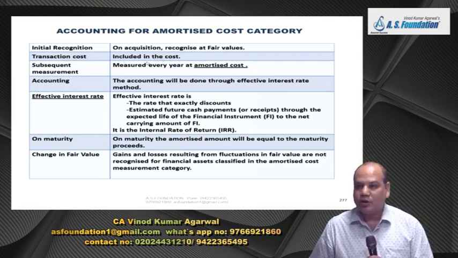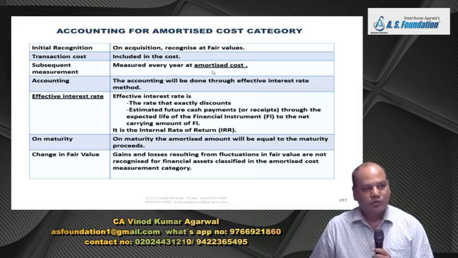Transaction cost will not be transferred to the P&L account. It will indirectly get transferred to the P&L account when you use the effective interest rate method. So that we will learn in one problem after this. Subsequent measurement will be at amortized cost, so cost subject to some adjustment. Accounting will be done through the effective interest rate method.